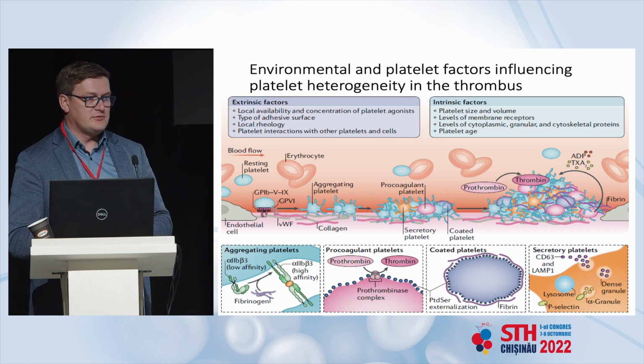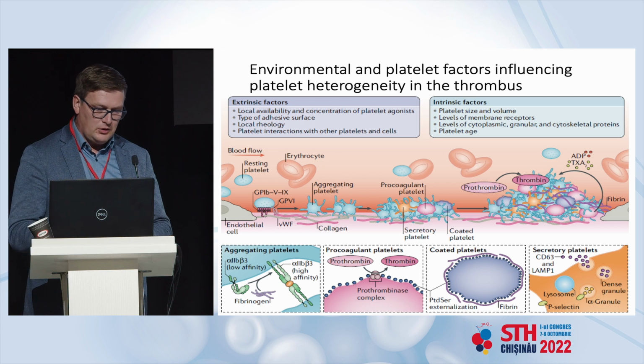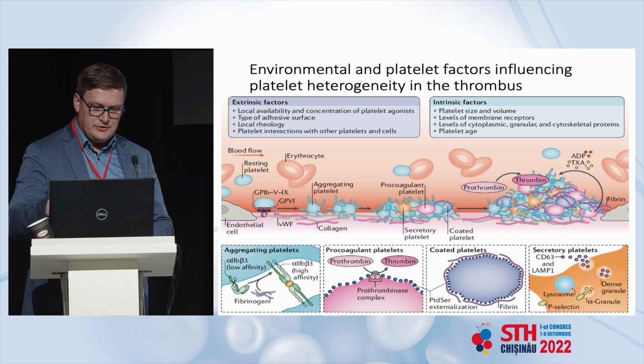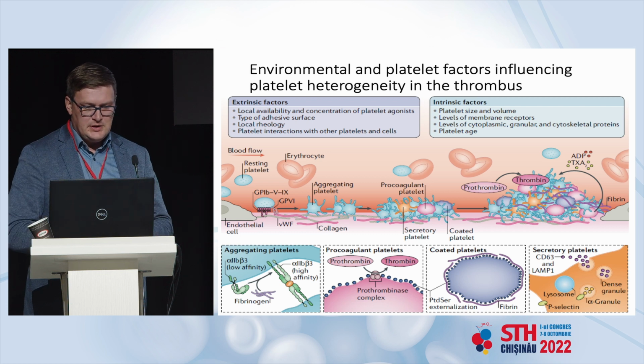Glycoprotein 6 is responsible for connection via collagen. Aggregating platelets then start aggregating. The small clot is formed and there already secretory platelets secrete their active substances. Later on, thrombin is generated more and more and the clot grows.